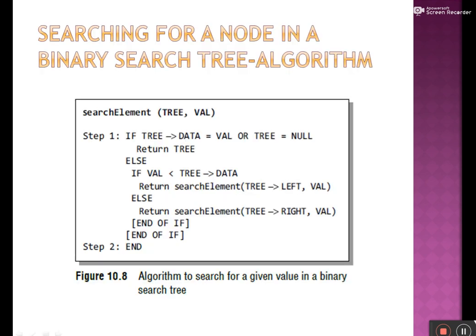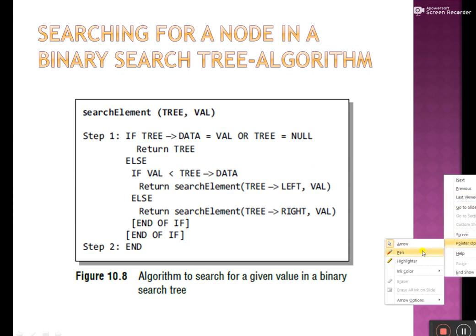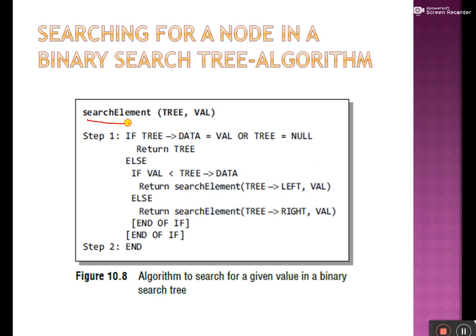Now let's move on to the algorithm for searching for a node in a binary search tree. This is an algorithm for searching a node in a binary search tree. We have given the name as search element, and we are passing a tree in which we want to search for a required value.